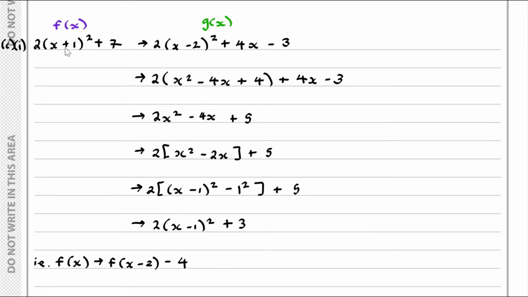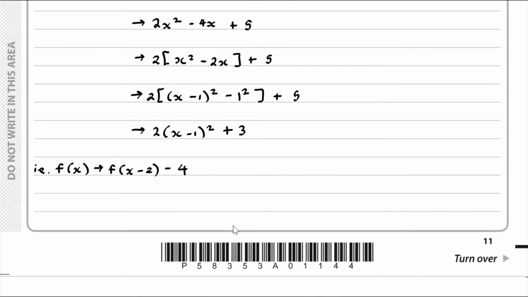I'll just repeat that. 1 minus 2, that gives the minus 1, and the 7 minus the 4, that gives the 3. And we can therefore conclude that we have a translation by vector (2, -4). Okay, so let's write that out neatly. We have a translation by vector (2, -4).